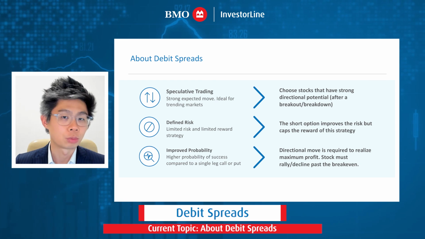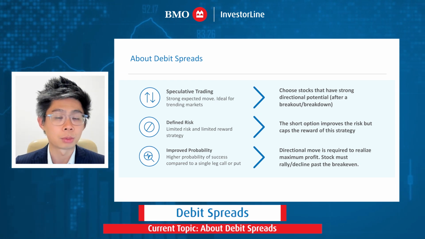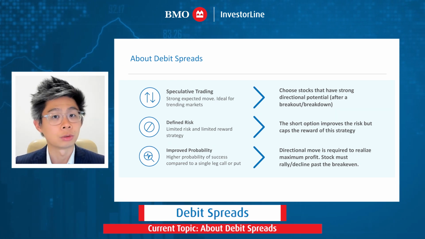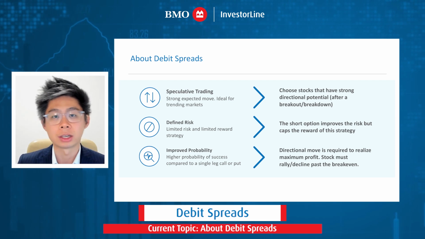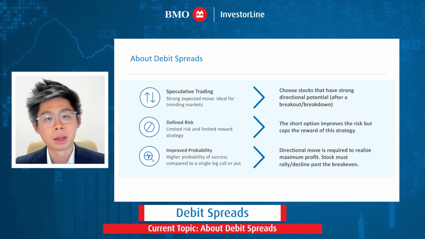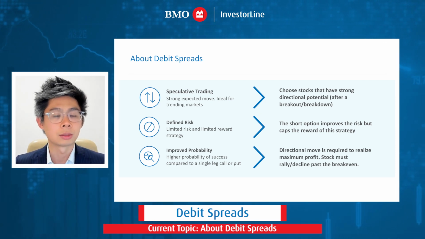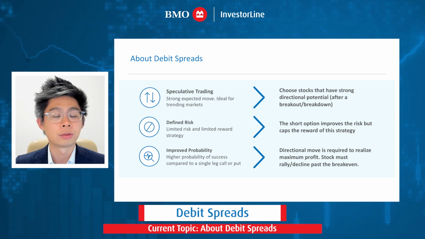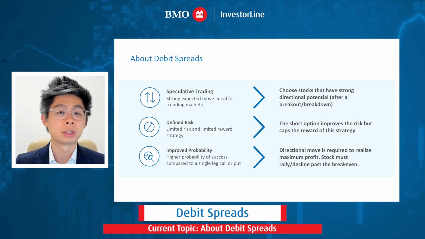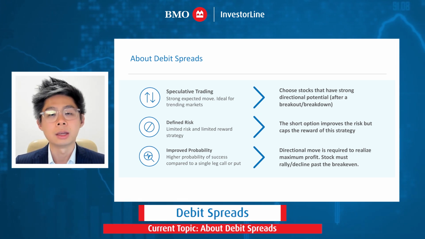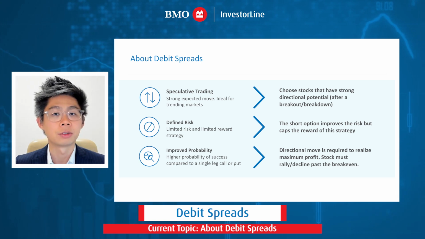The idea is that you have a directional view and you're trying to take advantage of it by attempting to profit from it using an option strategy such as a debit spread. A debit spread is also important to understand because different option strategies have different characteristics.